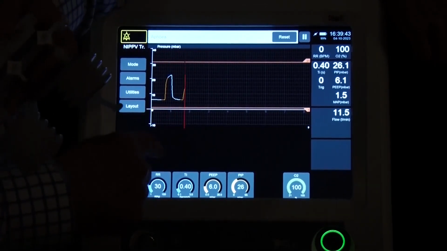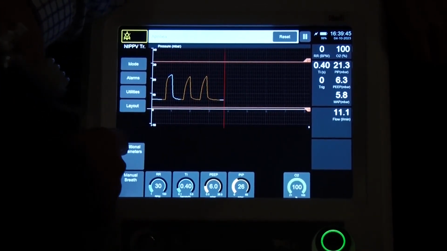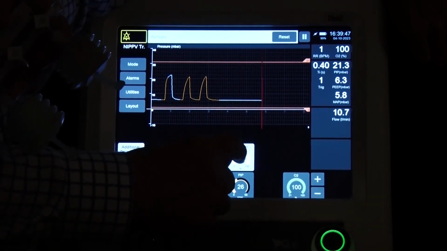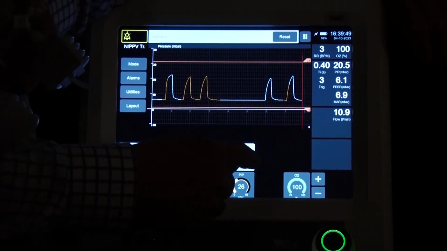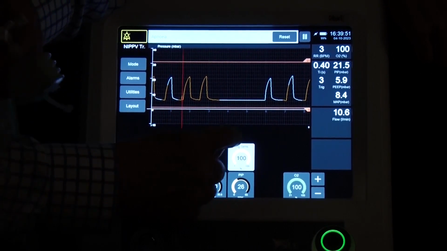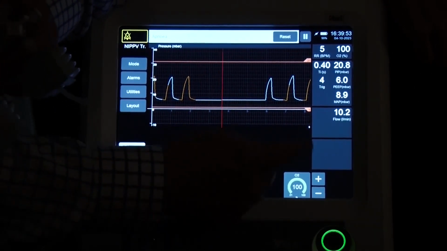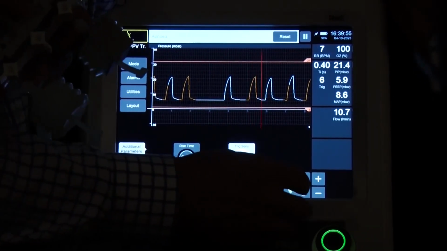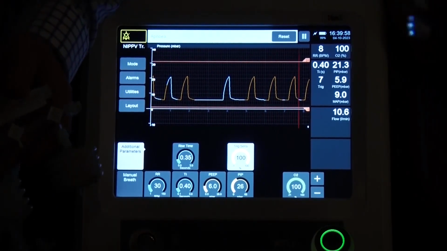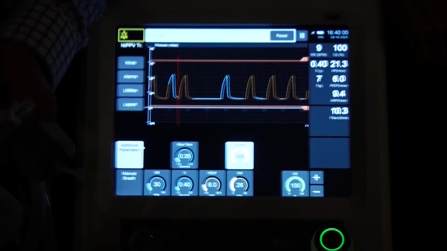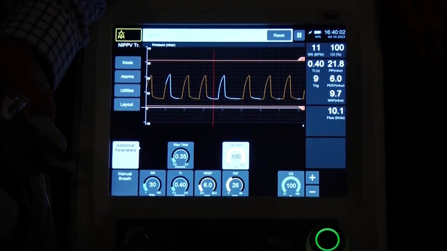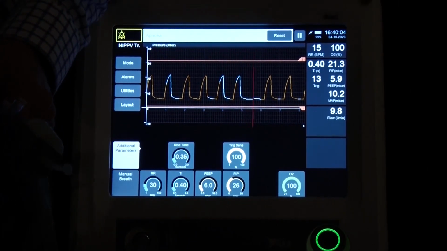I'll just show non-invasive triggering. The trigger is here and it's a percentage. I always start high and then wean it down if they're overly triggering. Here it's probably overly triggering, right? I think it's recoil when it recoils.